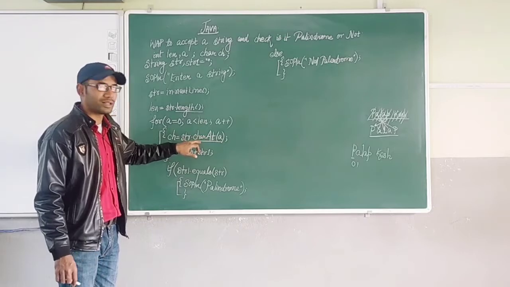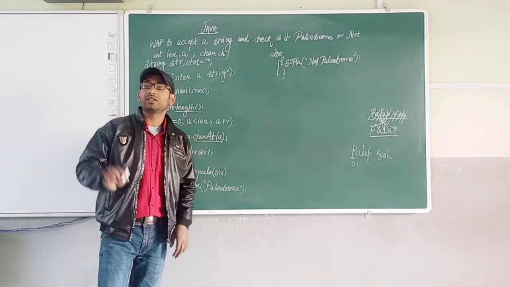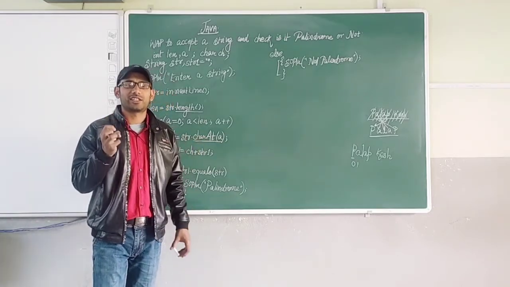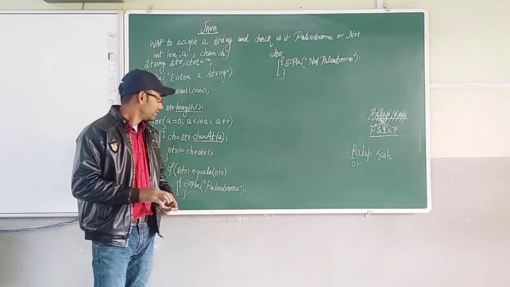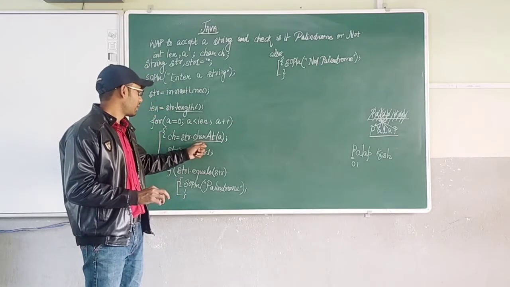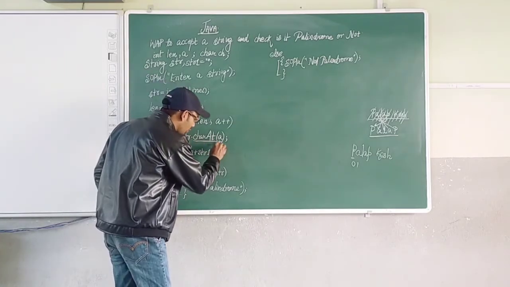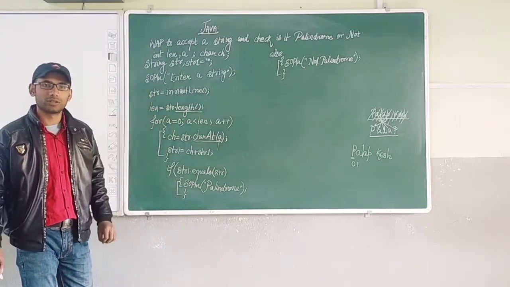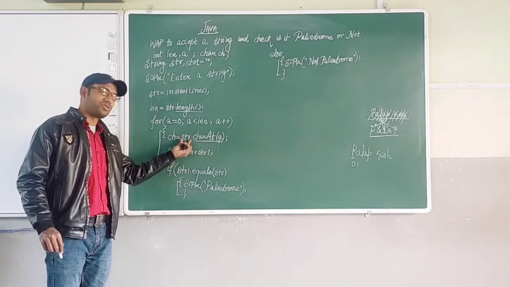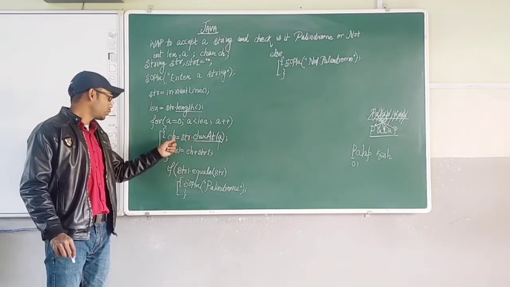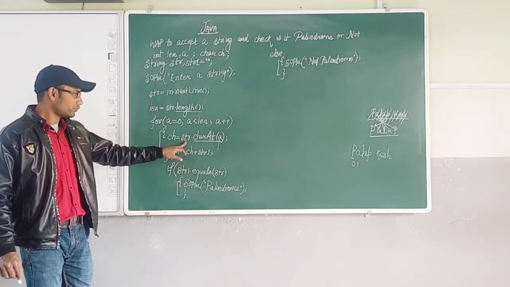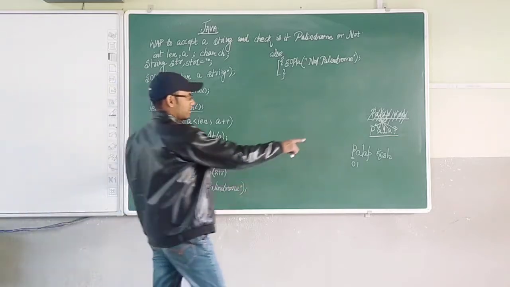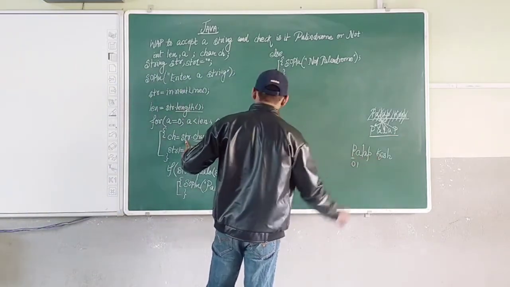That means this is also a function, and every function has its own feature. charAt means: at this particular position, whatever character is stored inside this string, that will be stored inside this. This one is the string.